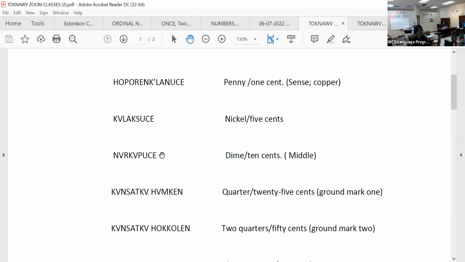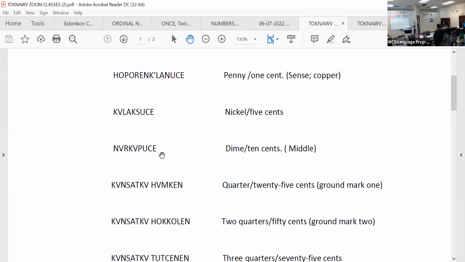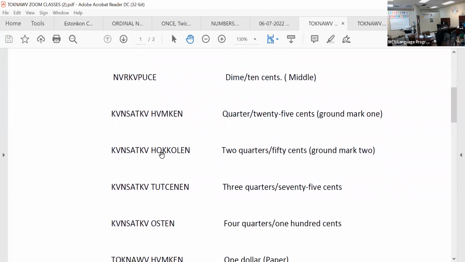Hobo thinga lanoji. A nickel, galaksoji. A dime, naskabuji. A quarter, gansatka hamgit. 2 quarters, gansatka bokkolet. 3 quarters, gansatka dochinen.